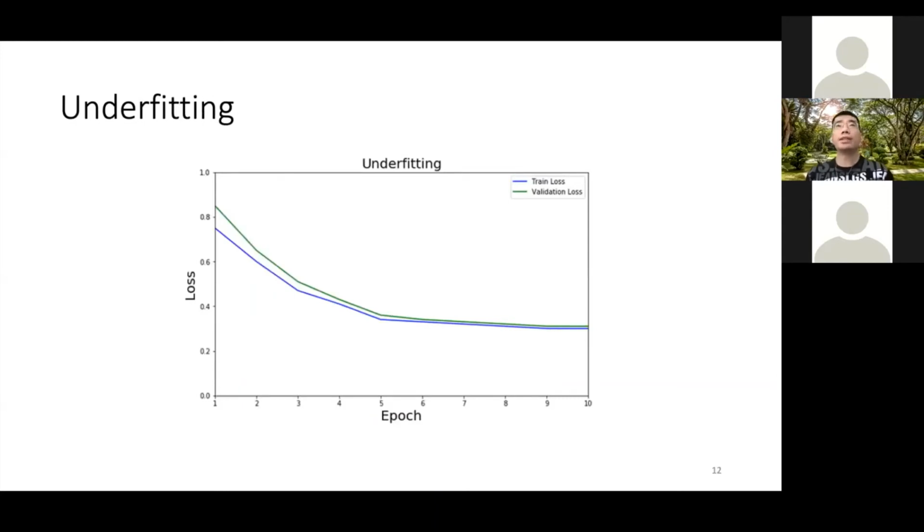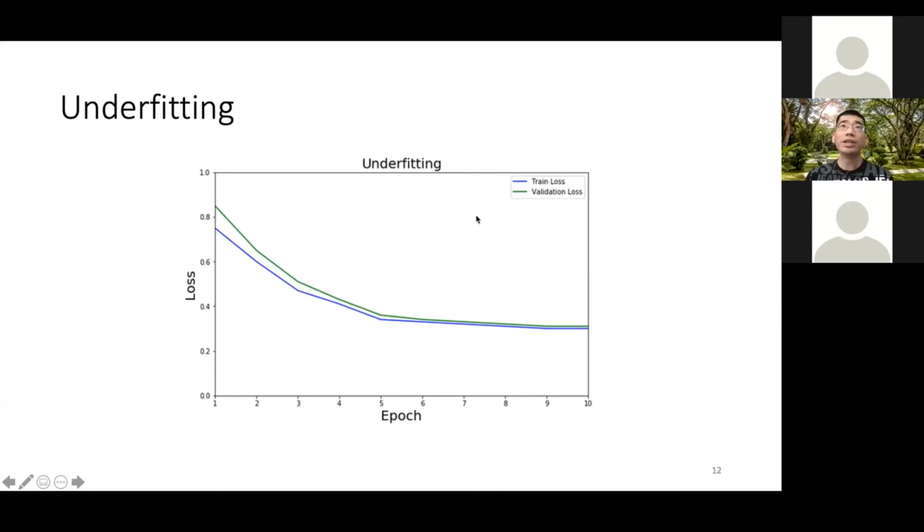So let's start with underfitting. The loss curve for an underfit model usually looks something like this, where both the training and the validation loss curves do not really decrease very much. Instead, they stay relatively flat at a high loss value. This indicates that the model is unable to learn from the training set to reduce its loss.